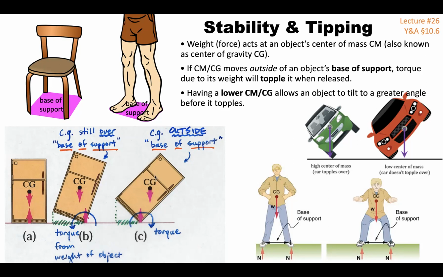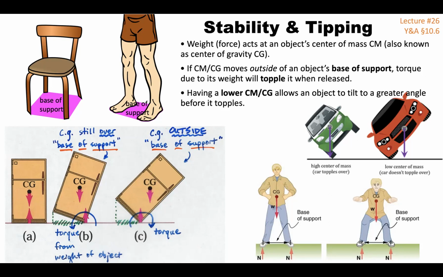However, if you tip the object further, far enough that the center of gravity passes just beyond the base of support, notice here the base of support is off to the left, but the center of mass is now beyond that base of support. So it's now outside of the base of support.